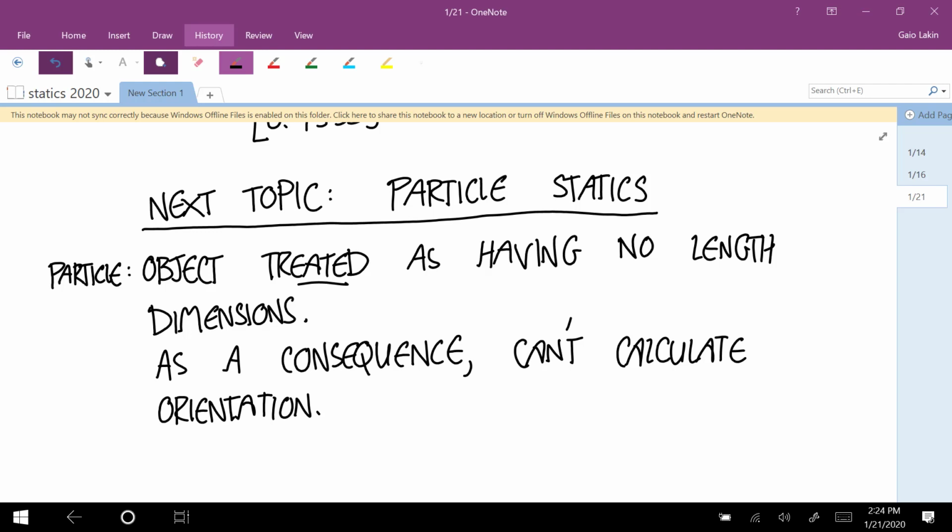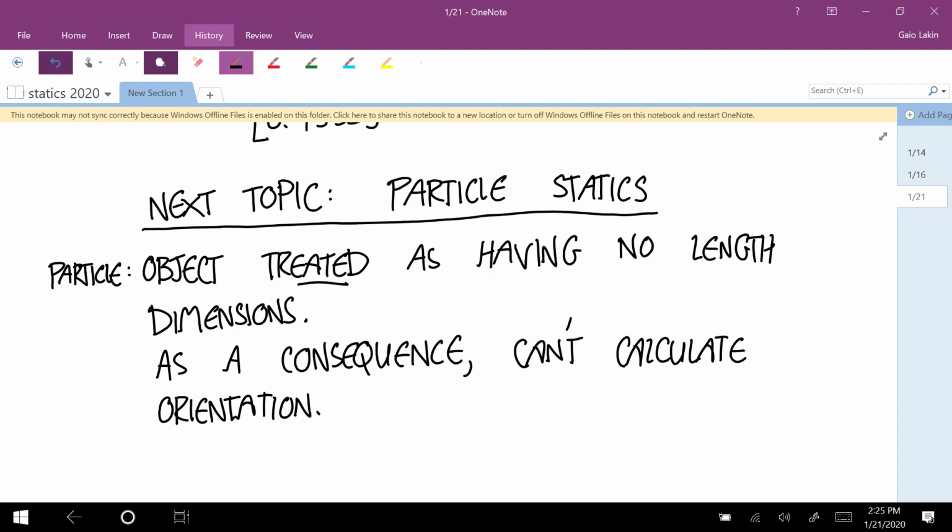And a lot of big objects are treated as particles in calculations. When people are doing planetary calculations, most of the time they're doing that as particle physics. If you're trying to calculate where Jupiter is at some instant, in a lot of calculations it doesn't matter which way the spot on Jupiter is pointing.